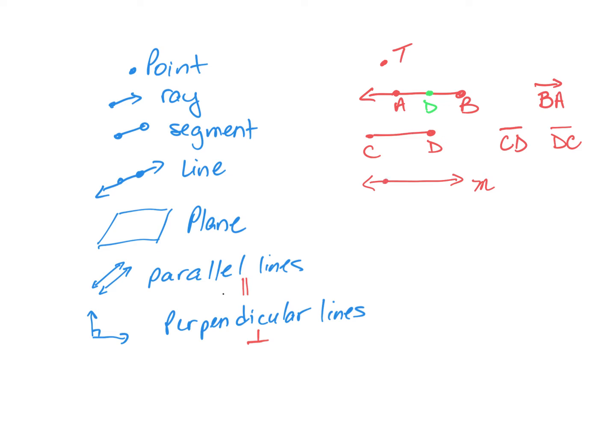So if I had A, B, C, and D, you can actually pick any two of those letters and call it that. So this has tons and tons of names. I'm not going to list them all, but you can do them forward and backwards, any two letters. So this is going to be like CD, line AB, but it's also line cursive M.